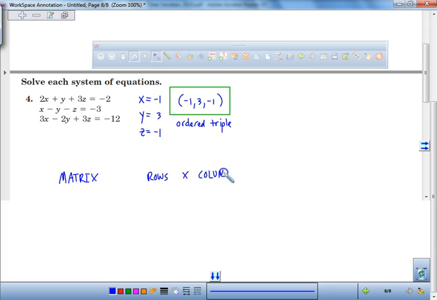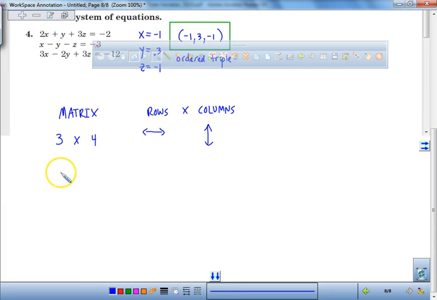Now, if you row your boat, that's going to go horizontally, whereas columns are always vertical. So how many rows of equations do we have? 3. So we're going to build a matrix that's 3 rows by how many columns? 1, 2, 3, 4. So we have 4 columns.